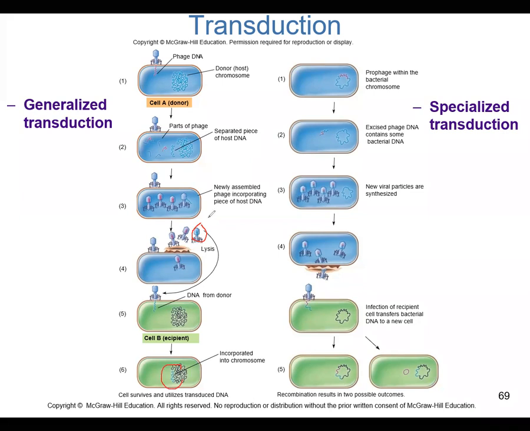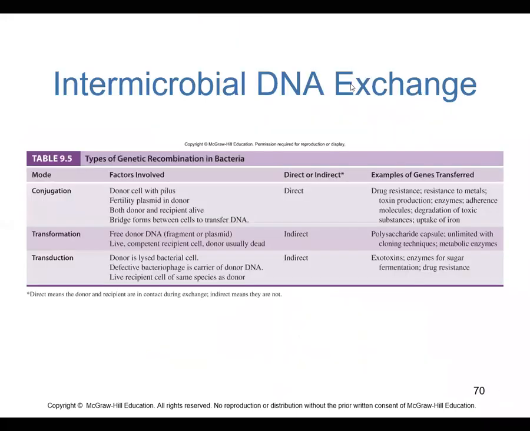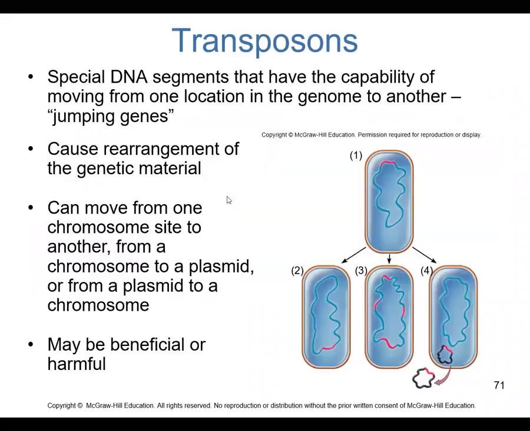There's a couple of different ways of it happening, but basically it is picking it up from a virus and then passing it on to another bacteria. In your chapter 9 textbook, there's a table 9.5 that talks about these different types. Again, cells lyse and the DNA is picked up. These are indirect because they don't have direct contact with the donating organism, unlike conjugation.